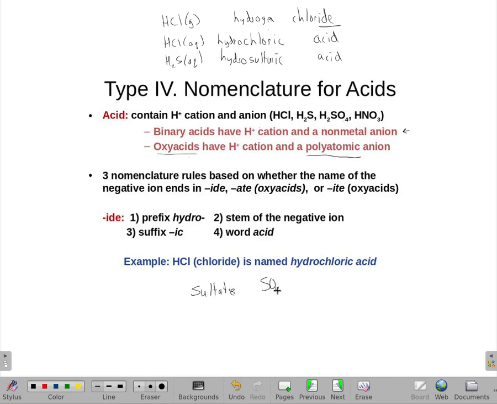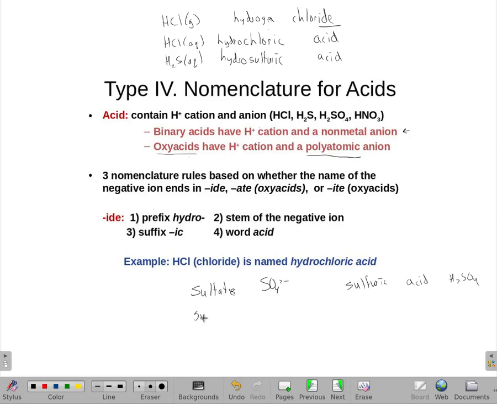which is SO4, 2 minus, if I put that with H's, it becomes sulfuric acid. No hydro. Sulfuric acid is just putting H's with the sulfate.